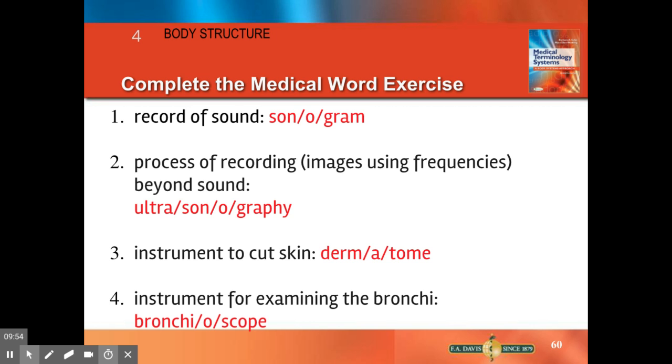Instruments that examine the bronchi would be a bronchoscope. So scope means a camera that goes down. The bronchus or the bronchi go into the lungs, and they can do bronchoscopies where they can either remove fluid, look at what's going on in the lungs, sometimes even inflate the lungs with a bronchoscopy.